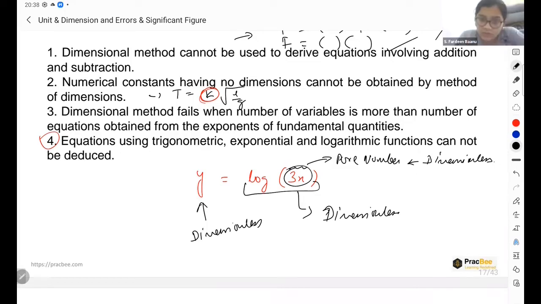So in an equation, if there is trigonometry, exponent, log, sine, cos, tan, you can't derive those formulas using this method because they are dimensionless. Got it, Fardeen?